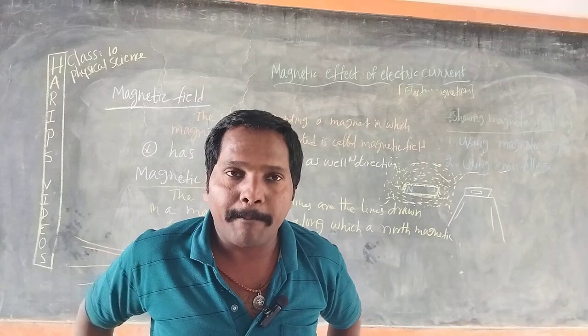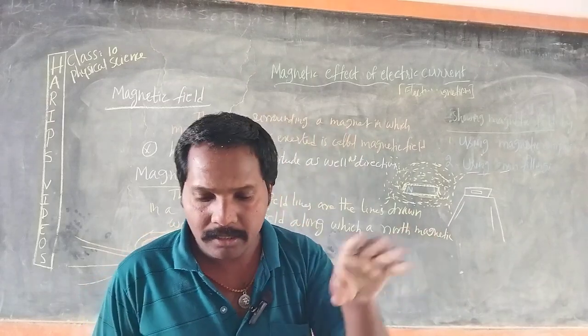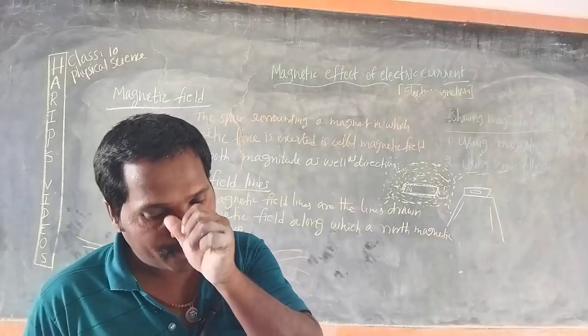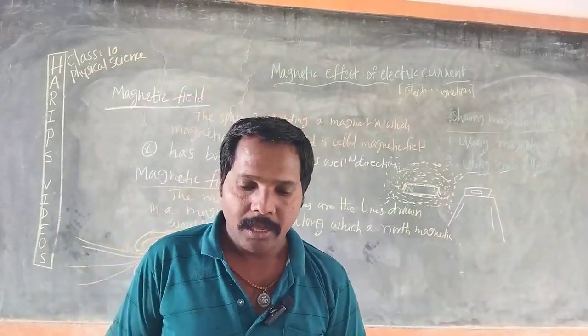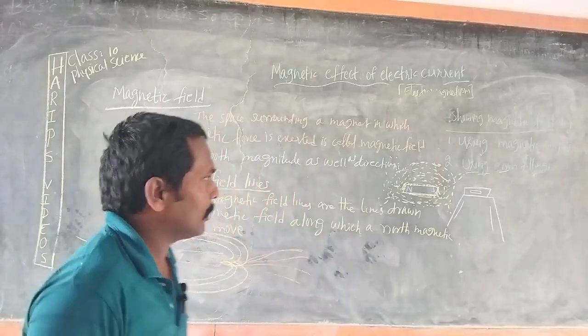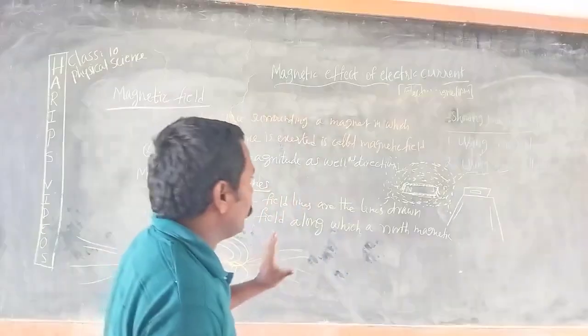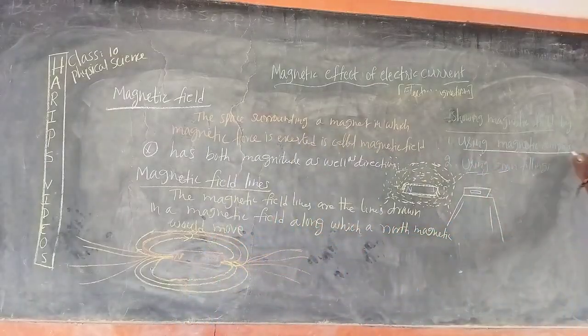The ends of the compass needle point approximately towards the north and south directions. Actually, the tip of the compass needle points towards the north direction, whereas its tail points in the south direction. So here, how do we show the magnetic field by using the magnetic compass?